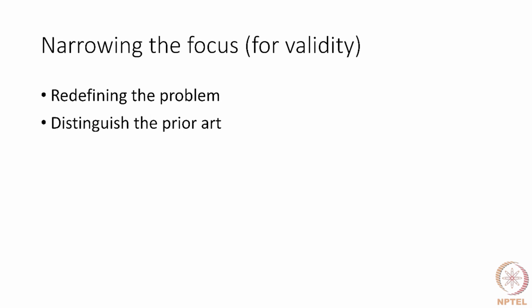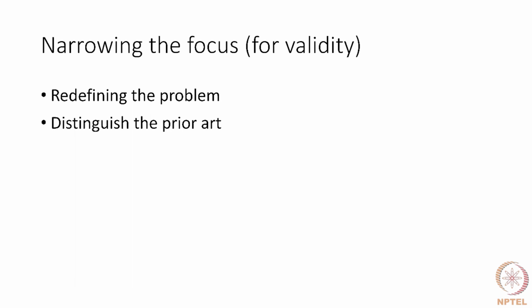The focus on narrowing down the problem solution statement is to ensure that your patent is valid. Because when you narrow it down, the possibility of it reading into the prior art is lesser than it would be in the case of a broader claim. But the counterpoint is, if you narrow it down, then the enforcement part, your ability to stop others by way of an infringement suit, will be affected.